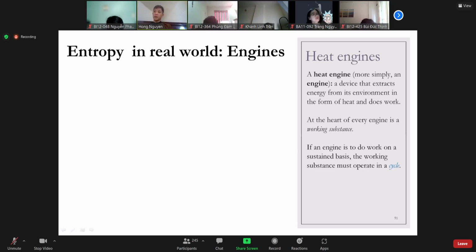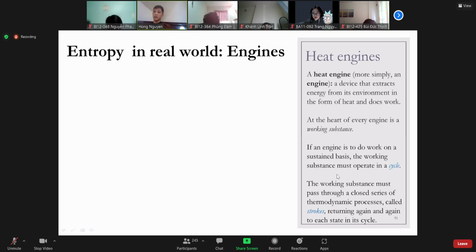If an engine is to do work on a sustained basis, then the working substance must operate in what we call a cycle, such as the cycle that we see in the PV diagram. And the working substance must pass through a closed series of thermodynamic processes we call strokes.